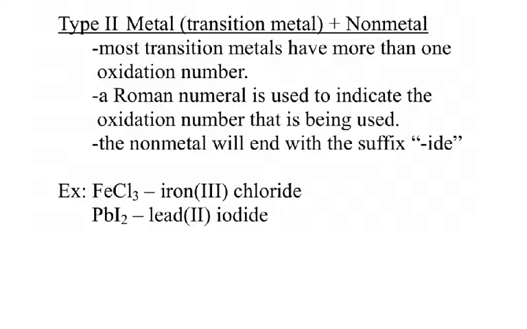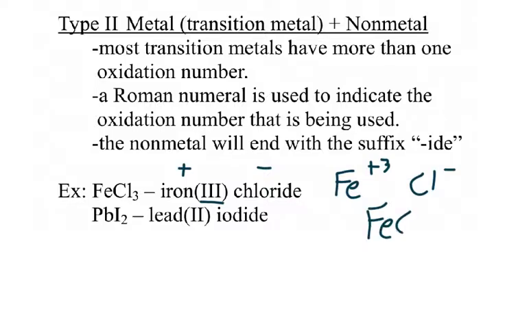Iron(III), with Roman numeral 3, means that the charge is +3, and it'll always be positive because the metal is always positive and the nonmetal is negative. Chlorine is -1, it's a halogen, and if you crisscross these two, that's how you get FeCl3. Again, we don't have to write the 1 from the chlorine.